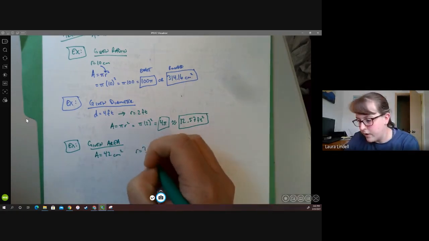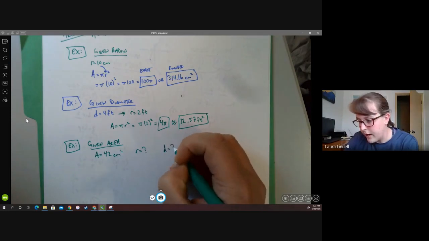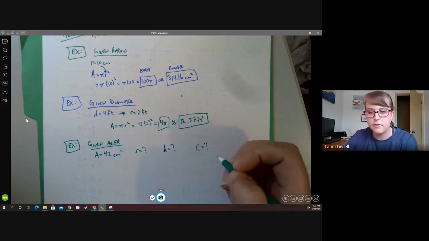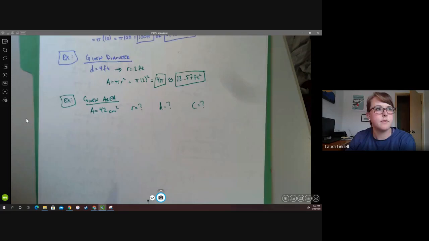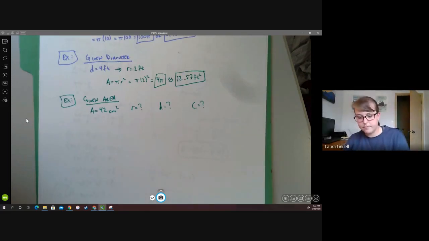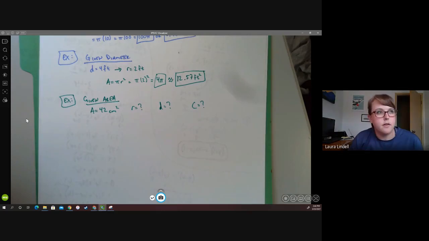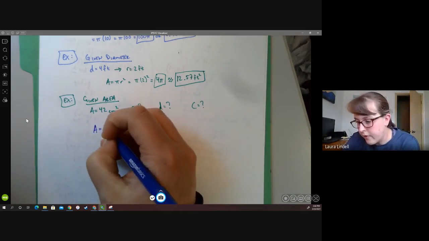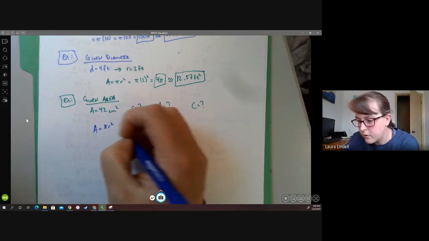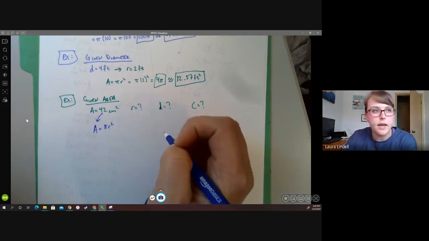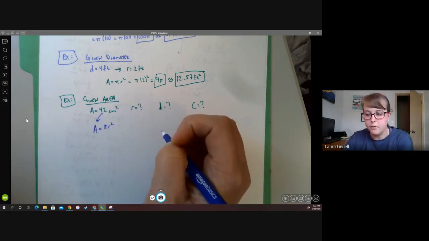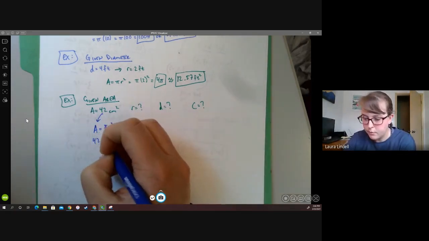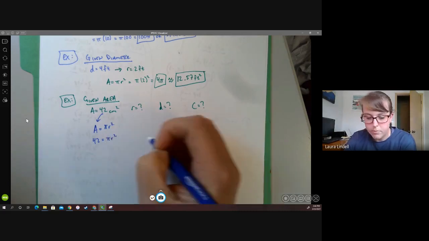And we want to know what is the radius, what is the diameter, and what is the circumference. Okay. So looking for radius, diameter, circumference. First thing we do, we know our equation for area, pi r squared. And we know what the area is, it's 42. So we plug in 42 equals pi r squared.